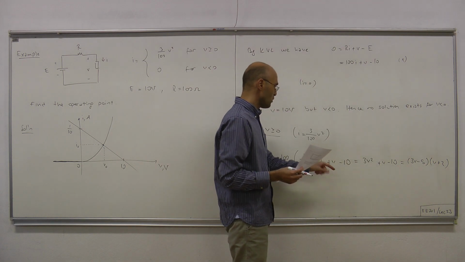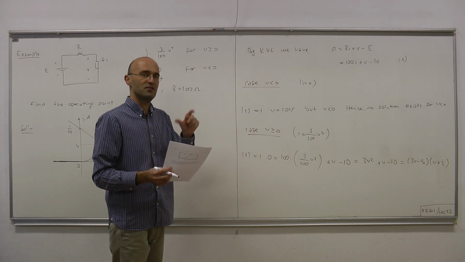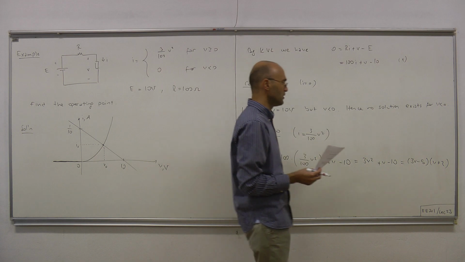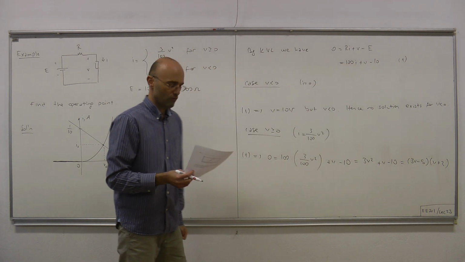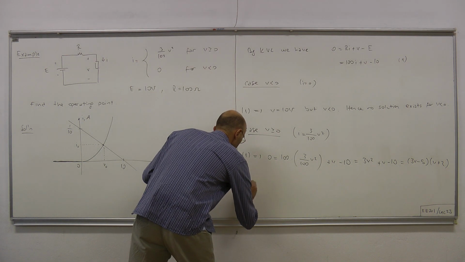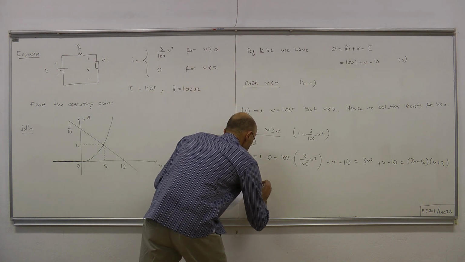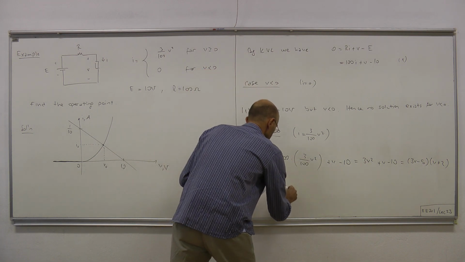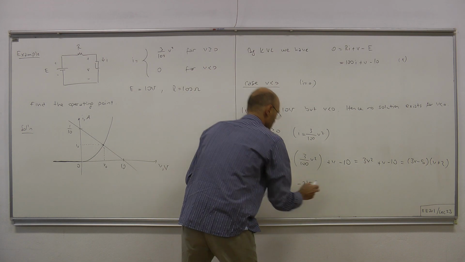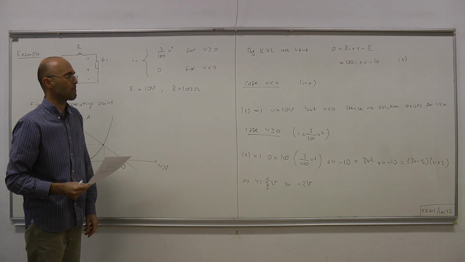Okay? So this equation tells us there seem to be two possibilities. One of them is 5/3 volts, the other is −2 volts. V equals 5/3 volts or −2 volts.